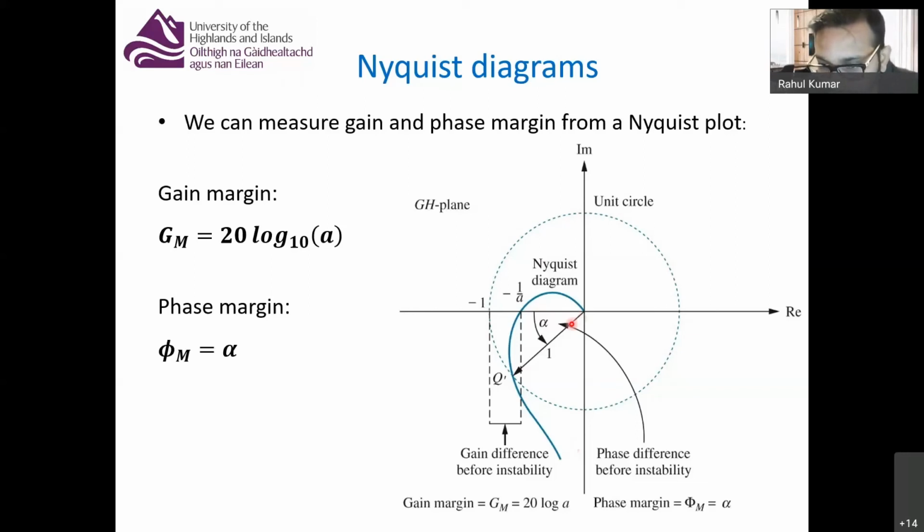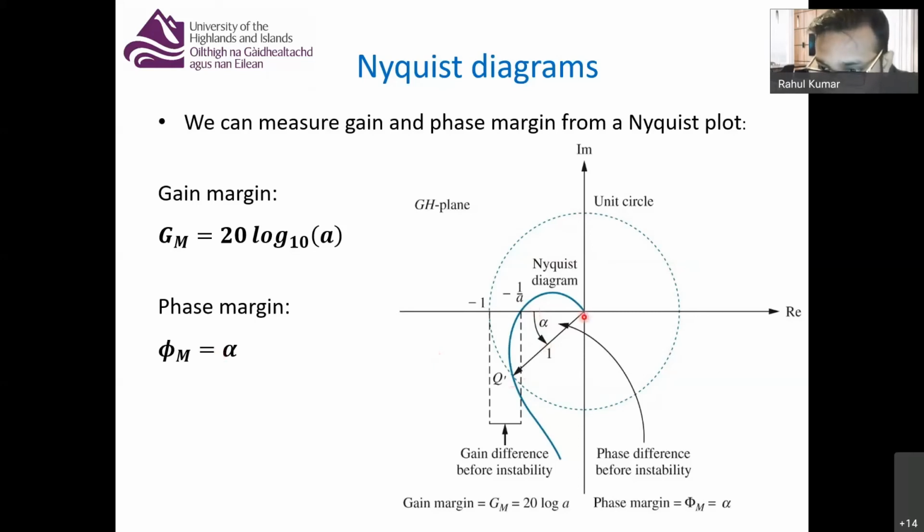Now wherever this unit circle is cutting the Nyquist diagram, we draw a line from the origin to this point. And we measure the angle from the x-axis, and this angle is your phase margin.